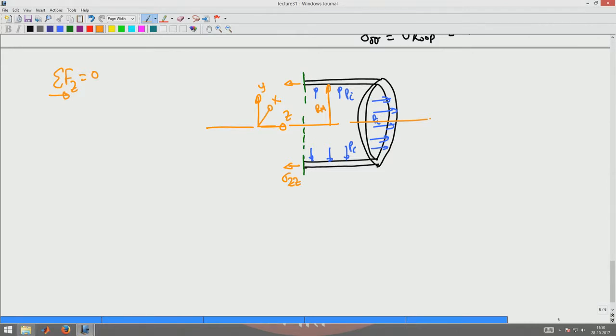So, I write a force equilibrium along the z direction, which will give me sigma zz into thickness of the cylinder into the circumference of the cylinder, on which sigma zz is going to act. That circumference of the cylinder is given by 2 pi Rm there. Okay. That is, it acts over this entire circumference.